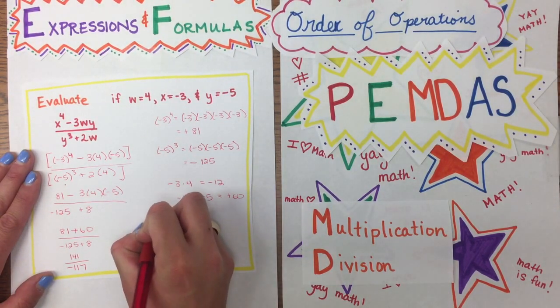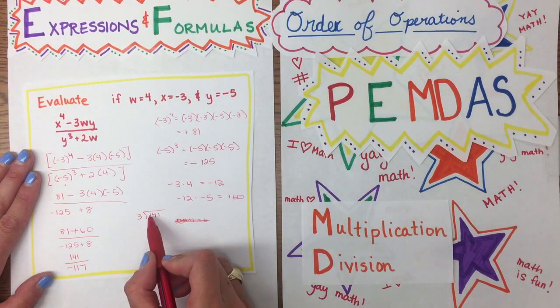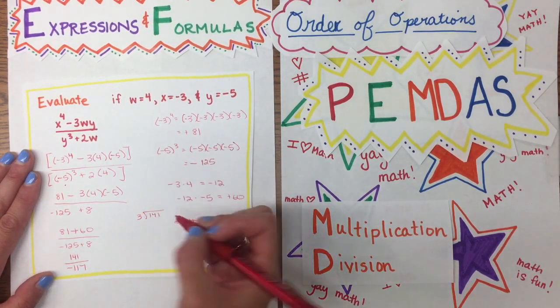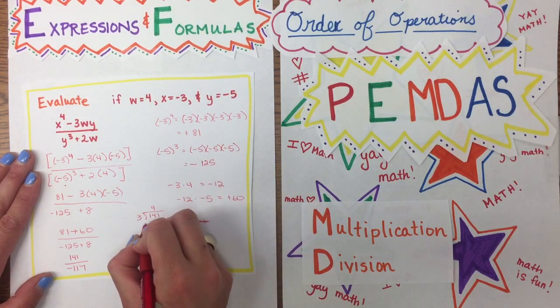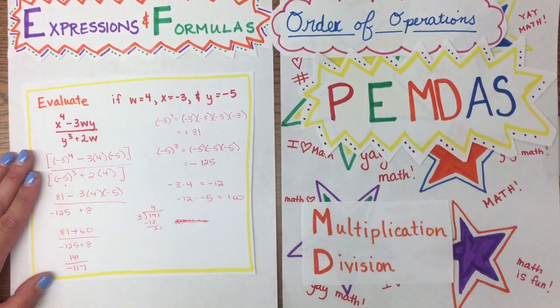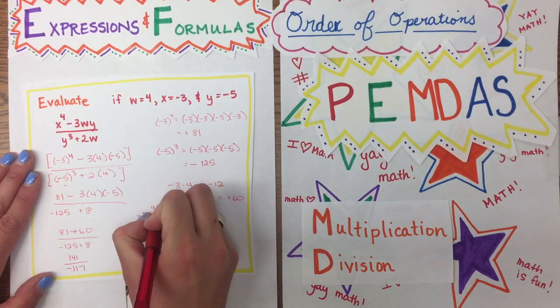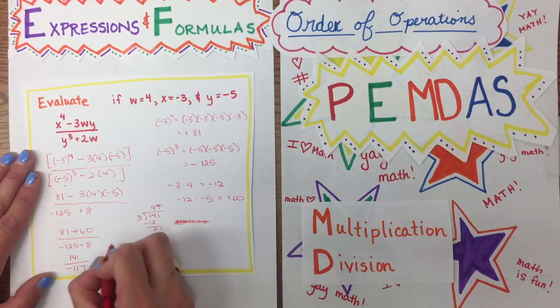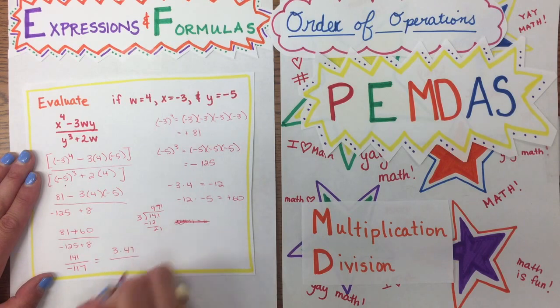So if I take 141 and I divide it by 3, I'm going to do long division here. 3 goes into 1 no times, goes into 14 4 times, that's 12. Bring down the 1, 21. 3 goes into 21 7 times. So 141 can be written as 3 times 47.